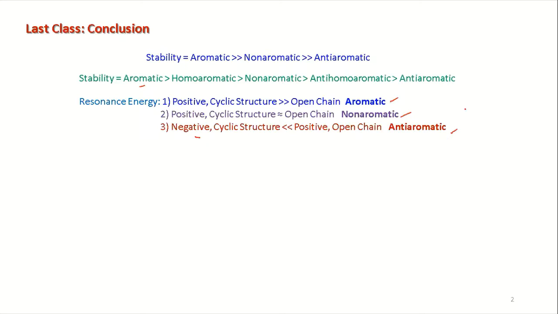Okay, and we gave some problems for you to look into, and one of them was the polyaromatic compounds in comparison with benzene. So you have benzene, naphthalene, anthracene, and phenanthrene.